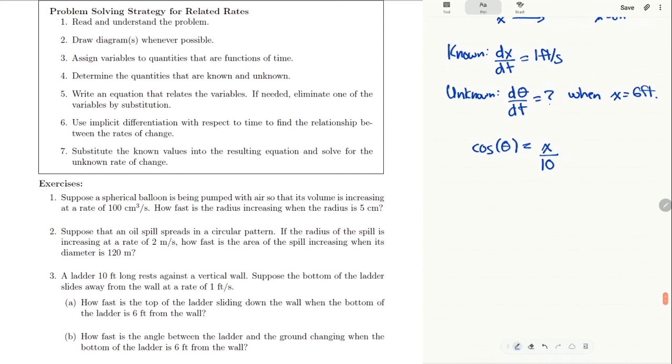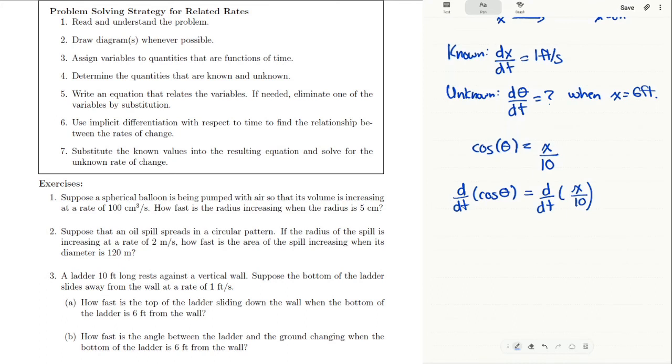So now we can use implicit differentiation to find an equation that relates the rates. So the derivative of cos theta with respect to t is equal to the derivative of x over 10 with respect to t.